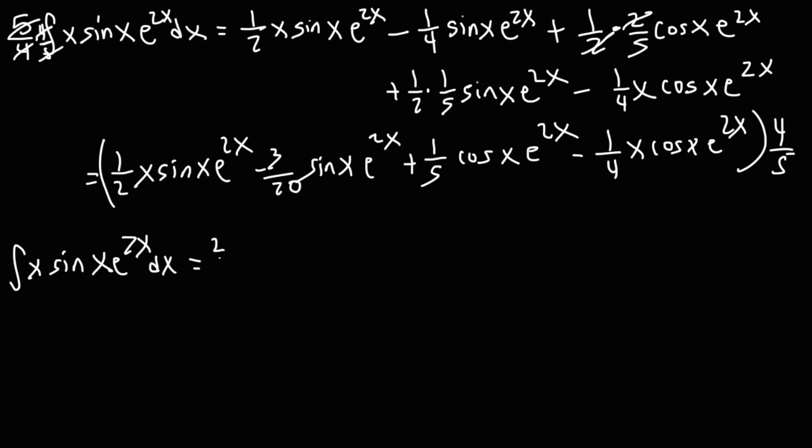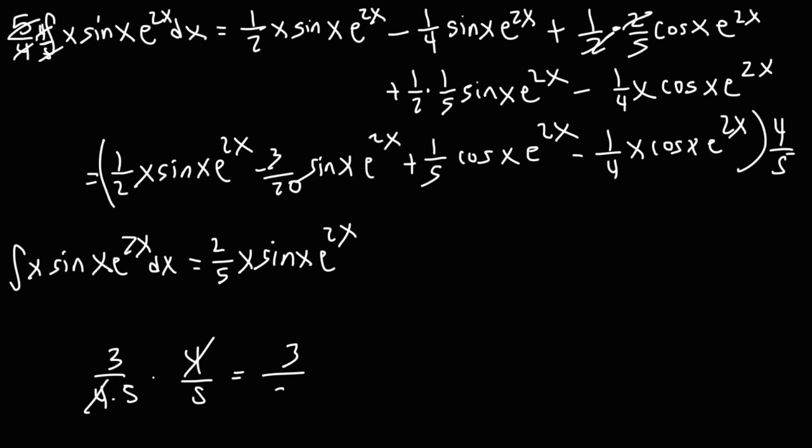So this will give us 2/5 x sine x e to the 2x. 3/20 times 4/5. That requires some work. 20 can be written as 4 times 5. And so we can cancel the 4, which will give us 3/25.